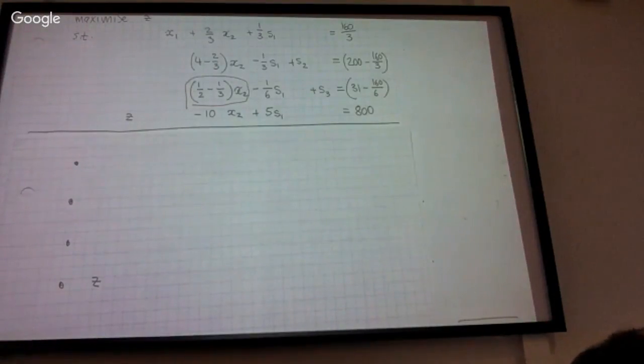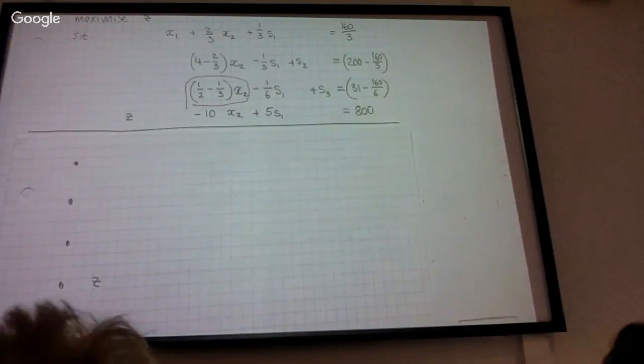So the one that is sort of easy is this one, because we only need to get a coefficient of 1 at x2, and it's currently 1/6. So we just multiply this whole equation by 6.